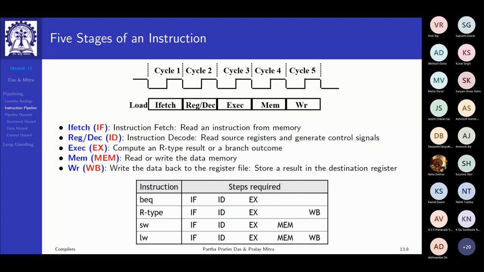Now, the pipeline that we would primarily start using for our instruction scheduling design is a 5-stage pipeline, which is very typical of the MIPS architecture. The MIPS 5-stage architecture is a very common one. There are more stages also, but this is a very common one.